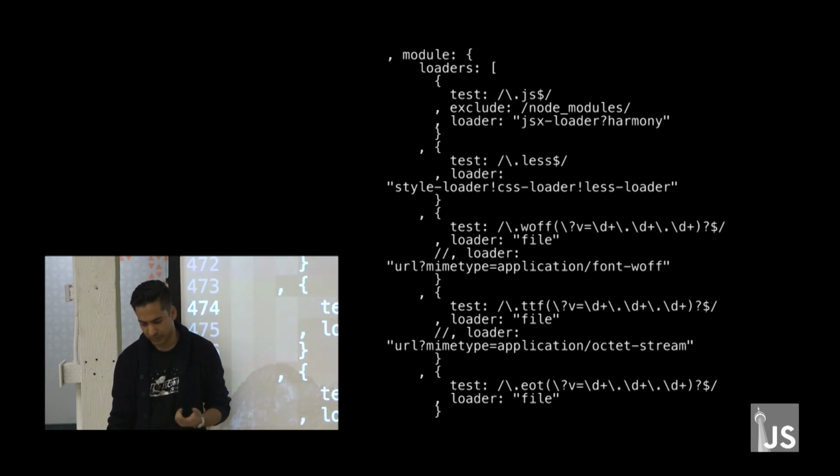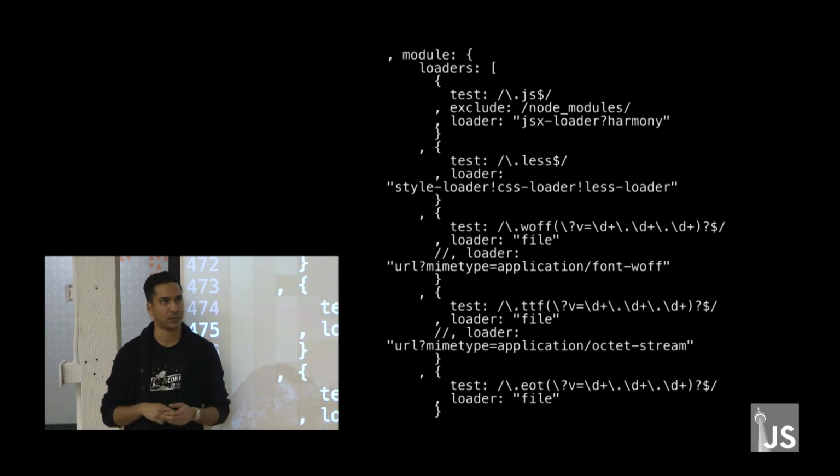So we're using less. So what I've done is I'm passing things through the less loader first. That will convert less down to CSS. CSS loader will inline that and inject it into the HTML. Style loader, I believe that makes it possible to require assets from your CSS.